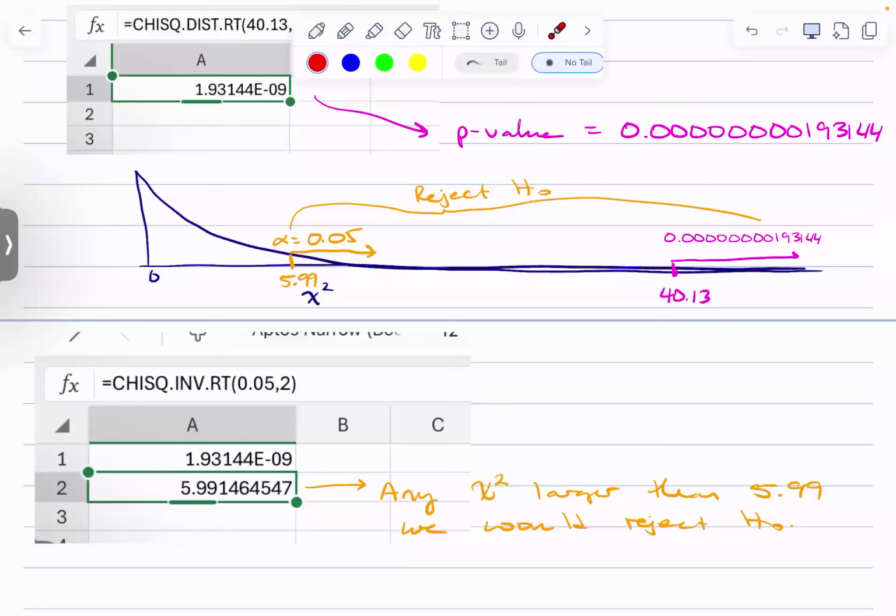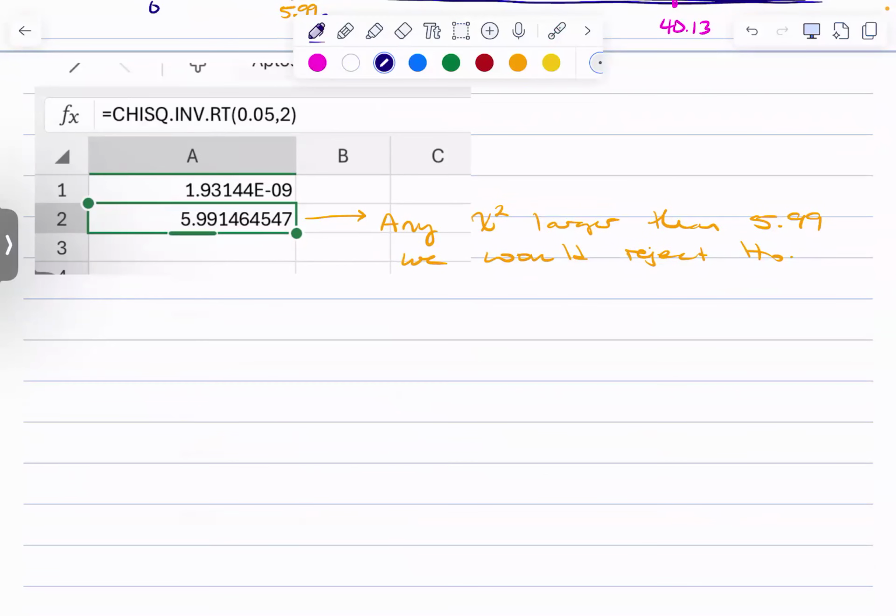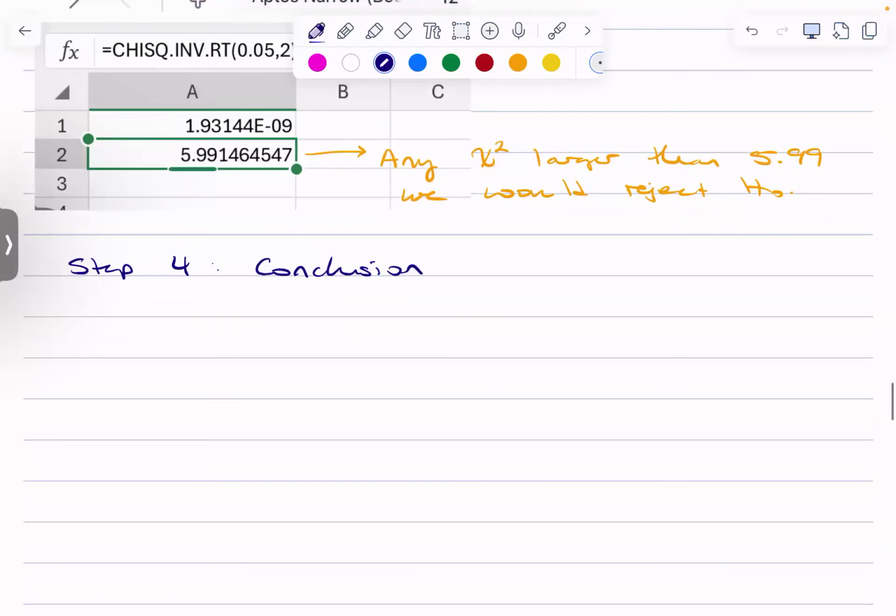Okay, we're ready for our conclusion. Because now I have my p-value. Step 4 is my conclusion. This is your time to shine and show off all the things that you worked so hard for. Tell me what your p-value is. Tell me what you're comparing it to.